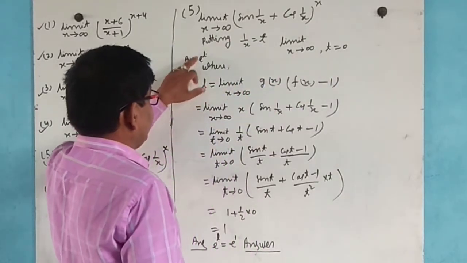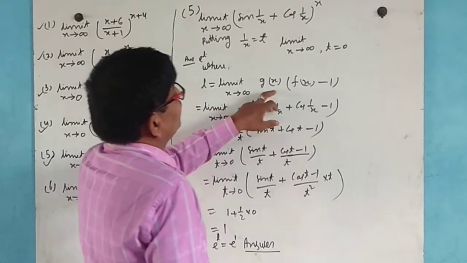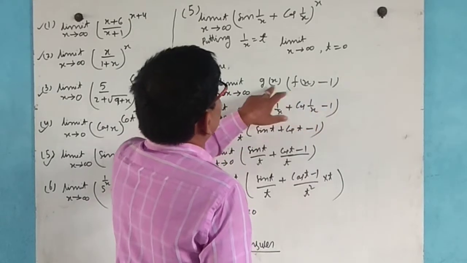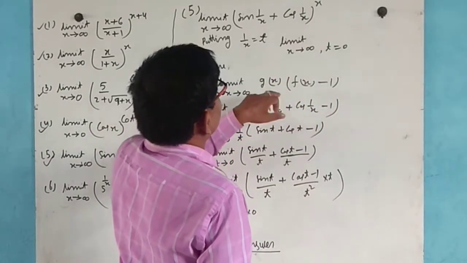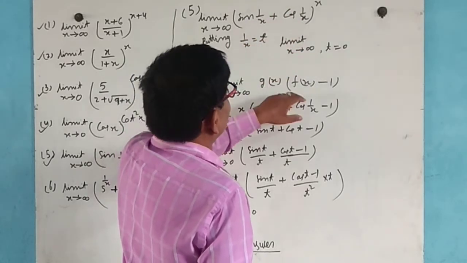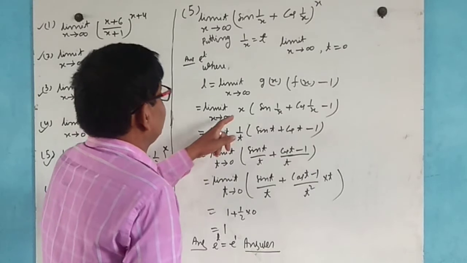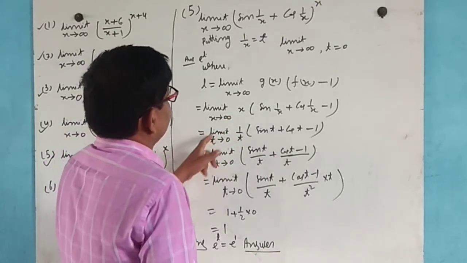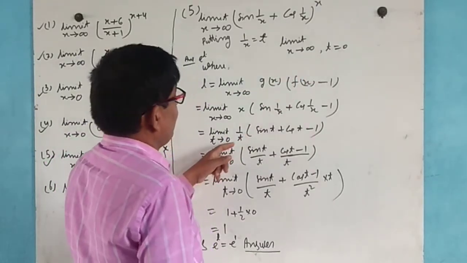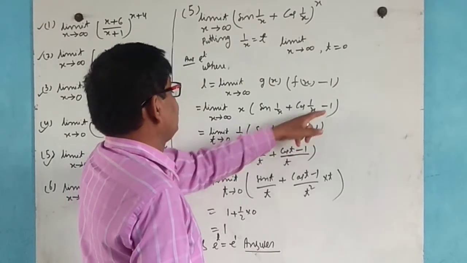Answer e to power L, where L is equal to limit x tends to infinity of g(x)(f(x) minus 1), g(x) equal to x, and f(x) equal to sin 1 by x plus cos 1 by x, minus 1. So change the limit x equal to 1 by t, t tends to 0, and sin t, and this is a plus cos t minus 1.